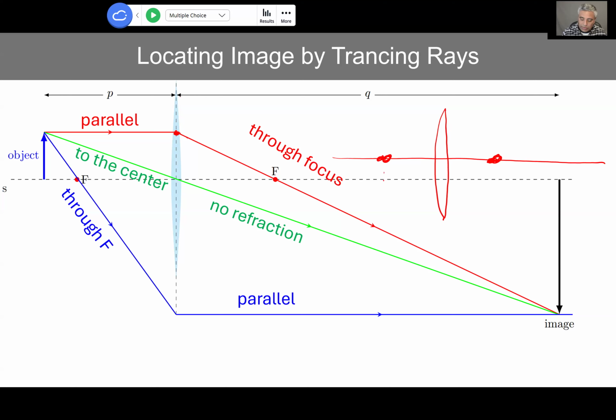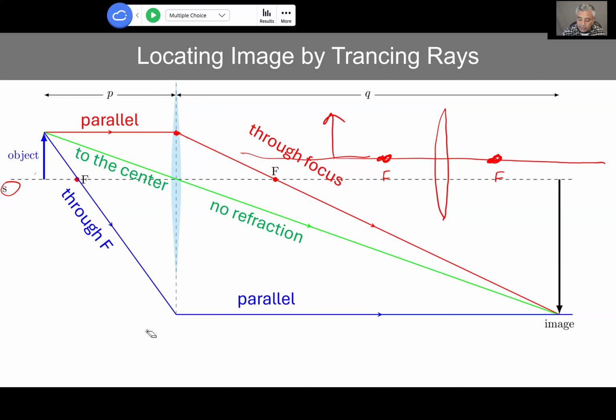Label them as F just like I have done here. Then you can start putting the object anywhere you like, follow these rules, and draw straight lines using a ruler. You will be able to find the image even without using the formula.